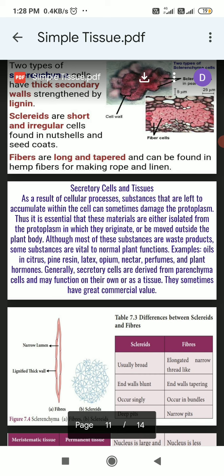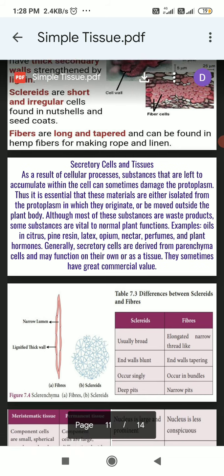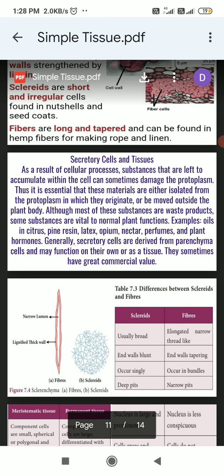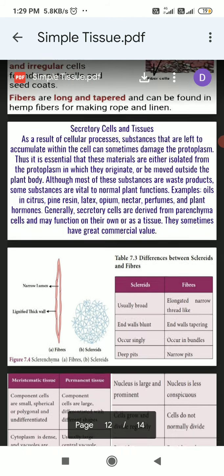Although most of these substances are waste products, sometimes some substances are vital to normal plant function, for example oils in citrus, pine resin, latex of opium, nectar, perfume, and plant hormones. Generally secretory cells are derived from parenchyma cells and may function on their own or as a tissue. They sometimes have great commercial value.